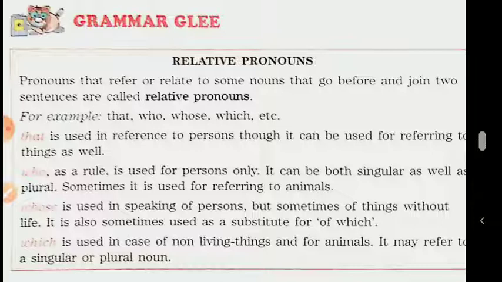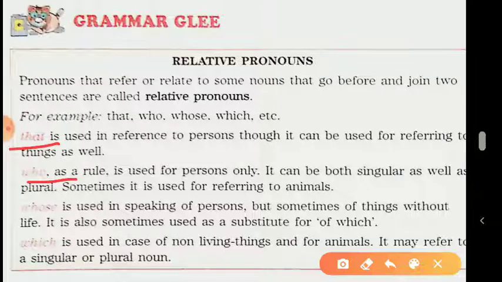It shows the relation with the noun used just before the relative pronoun. बेटा जो भी नाउन ठीक रिलेटिव प्रोनाउन के पहले आता है उससे वो रिलेशन बताता है. And we need to learn about four relative pronouns: that, who, whose, which.